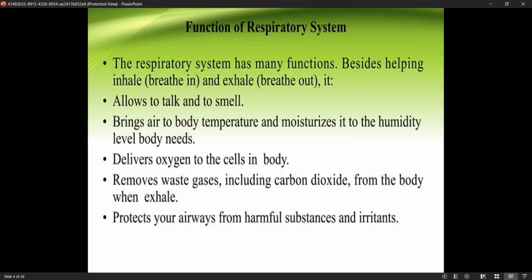Then it removes all the waste gases, including carbon dioxide, from the body while exhalation is happening. Next, it protects the airways from harmful substances and irritants. There are some structures, mucous membranes, present in the nostrils, so it protects the airways from harmful substances and irritants.